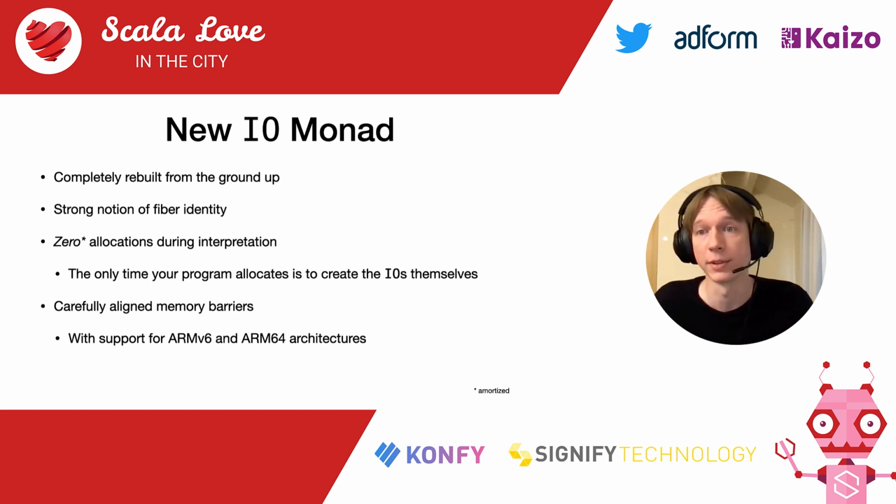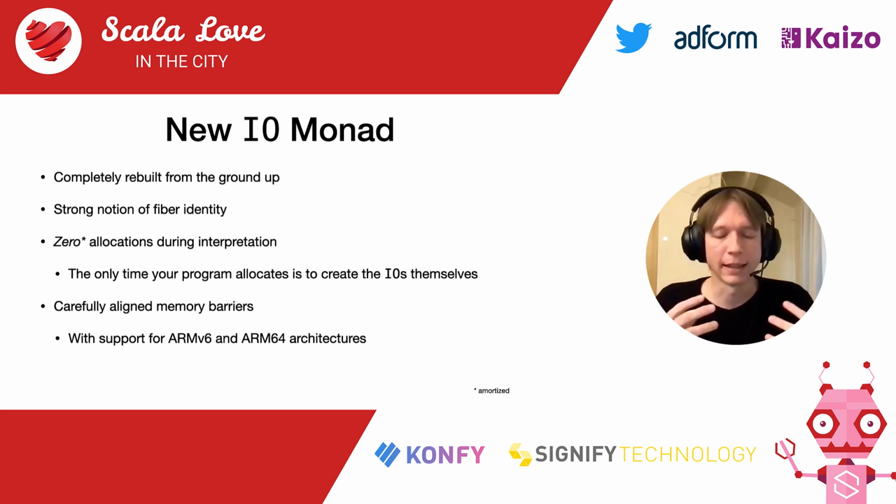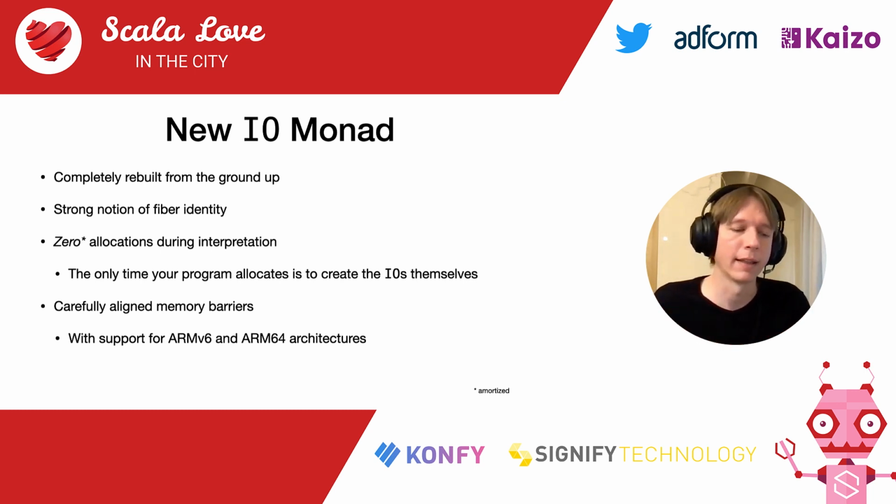Everything is just the IOs themselves, which is about as good as you can do on the JVM or at least in Scala, with the constraints that we have in terms of the abstraction that we want to have with IO. Arrow in Kotlin is able to do a little better because of the compiler functionality. But in Scala, I think zero interpretation allocation is about the best you can hope for.